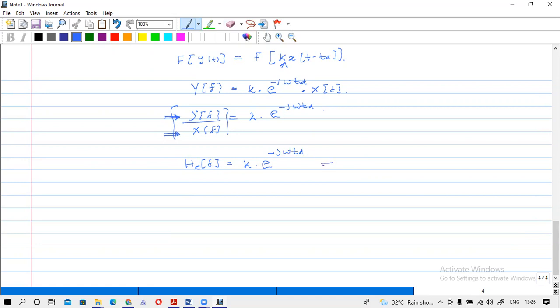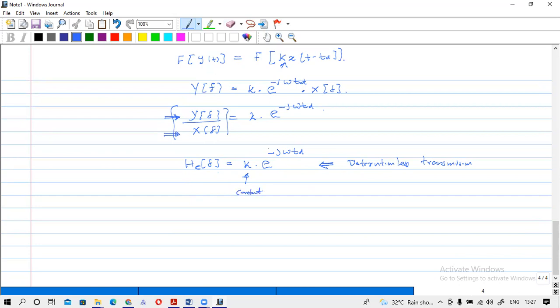So this is for distortionless transmission. We can see that for distortionless transmission, our channel transfer function should be like this. This is the magnitude of the transfer function, so it should be a constant.